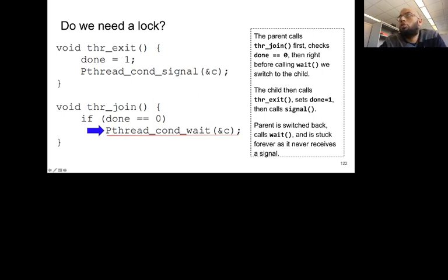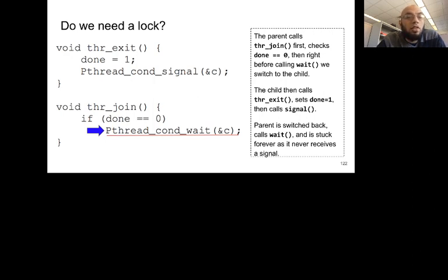basically the parent calls thread_join first and checks if done is equal to 0. Then right before calling wait, it switches to the child. Okay, so again, your scheduler decides that now it's time for the child to run. Child runs, calls thread exit, sets done to 1, then calls the signal. Okay, but here is an issue.